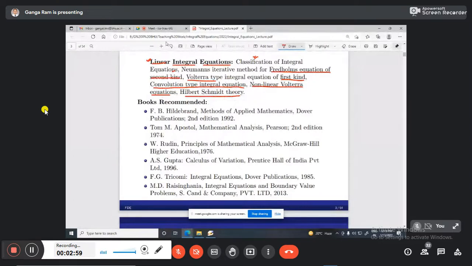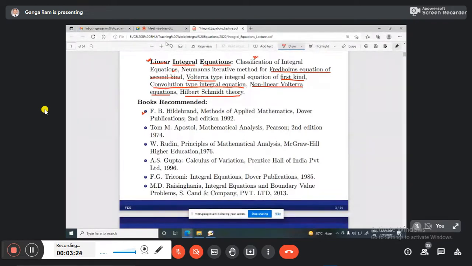The recommended books are F.B. Hildebrand, Methods of Applied Mathematics; Tom Apostol, Mathematical Analysis; Rudin, Principles of Mathematical Analysis; A.S. Gupta, Calculus of Variations; and also M. Rahman, Integral Equations, and M. Raisinghania, Integral Equations and Boundary Value Problems.